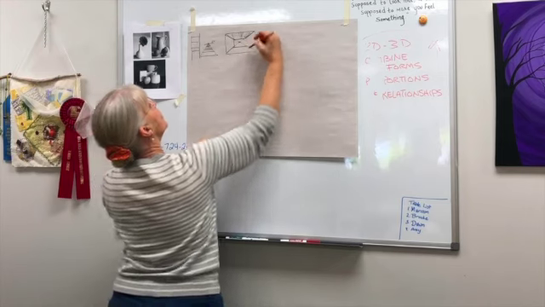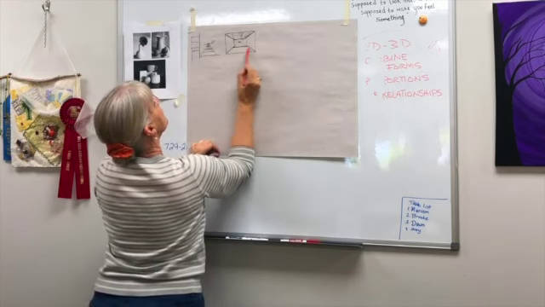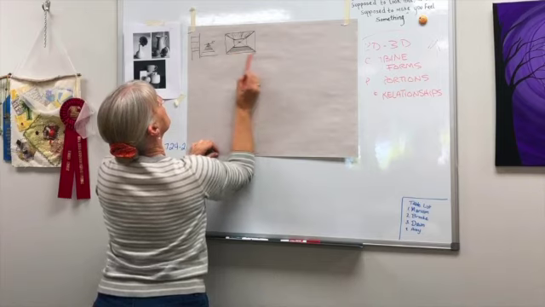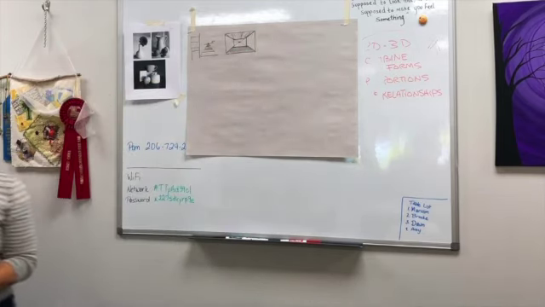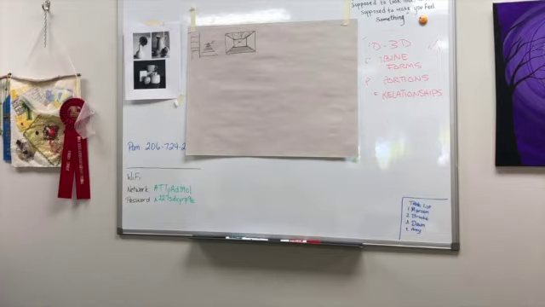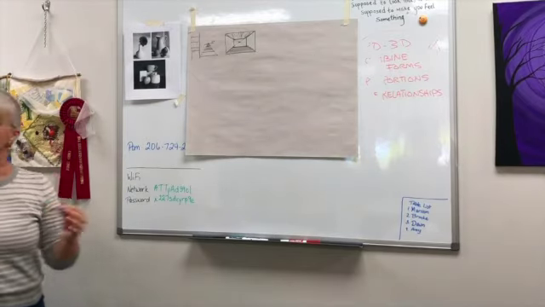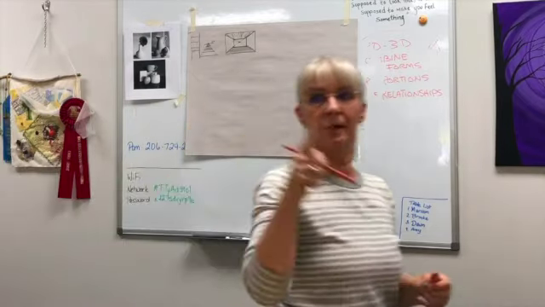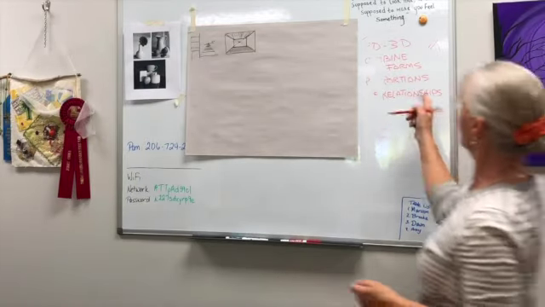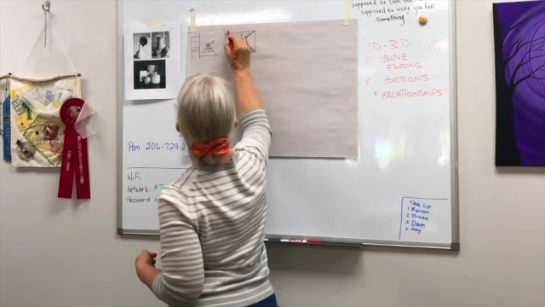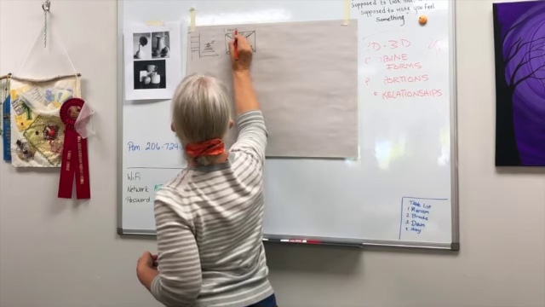Here's the floor going back in space. And see how all of a sudden I'm inside a room. I'm right in the middle of it, so it's converging on one vanishing point. And that's called perspective. This is 1-point perspective.